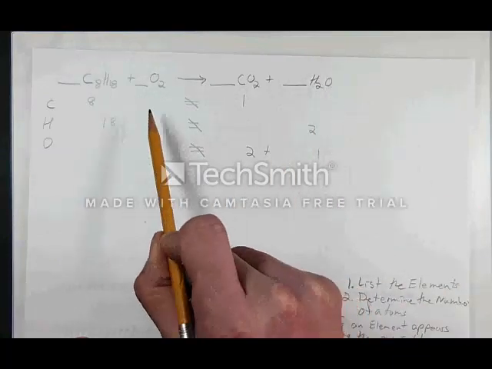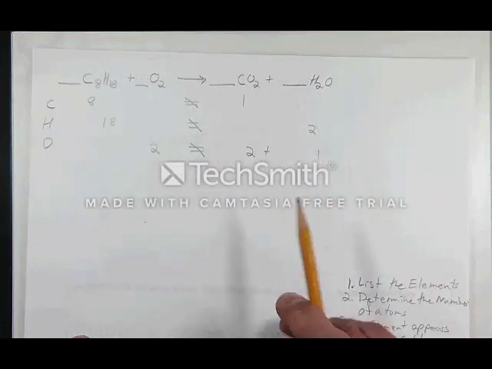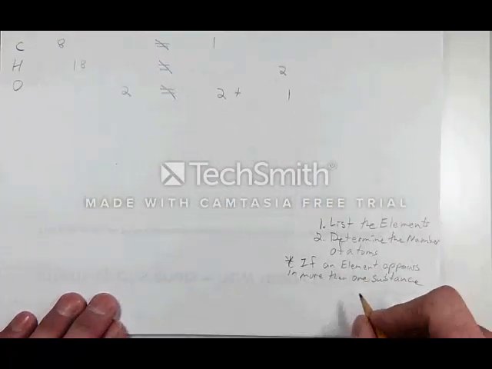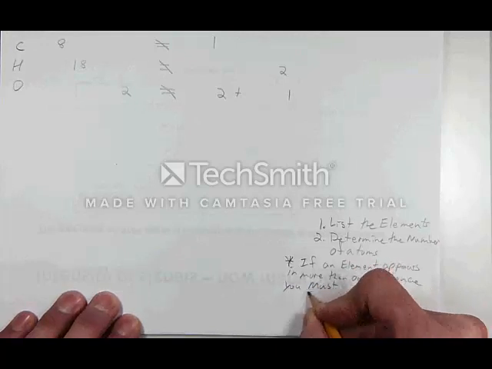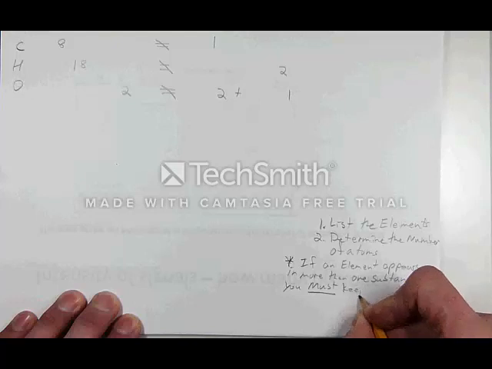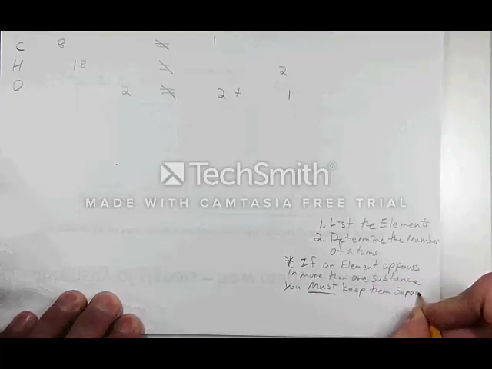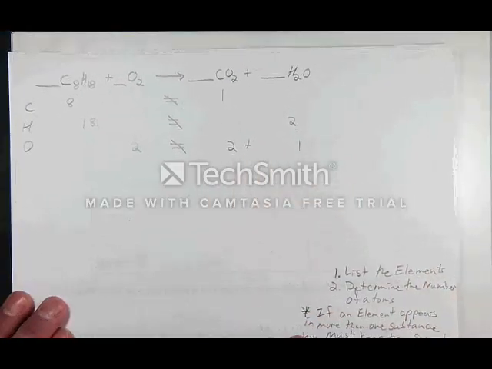The reason I use the term substance is because oxygen is an element, carbon dioxide and water are compounds, so I can't just say element or compound. So if it appears in more than one substance, you must keep them separate. Okay, so 2 plus 1, not 3.